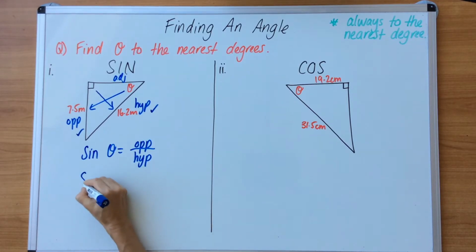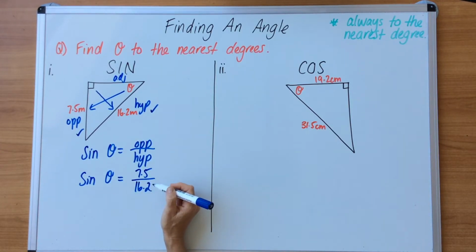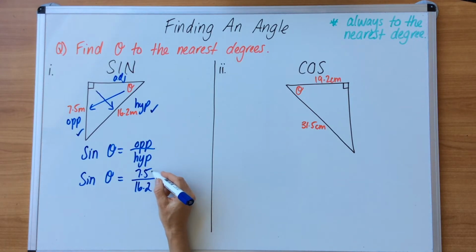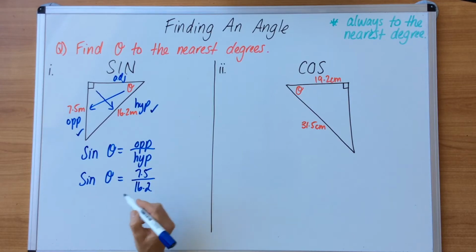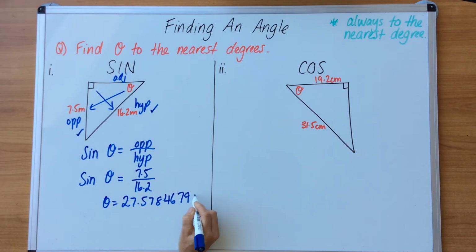So we've written the rule first up after we've identified that it's a sine button. We're now going to do our substitution. So sine theta equals our fraction line. The value of the opposite is 7.5 and the value of the hypotenuse is 16.2. We are now going to make the calculation. So we click second function button, sine, 7.5 ABC fraction button, 16.2 equals, and we get a large number, 27.57846798.